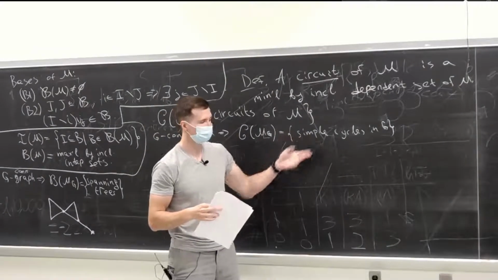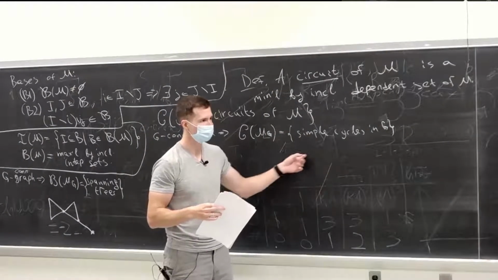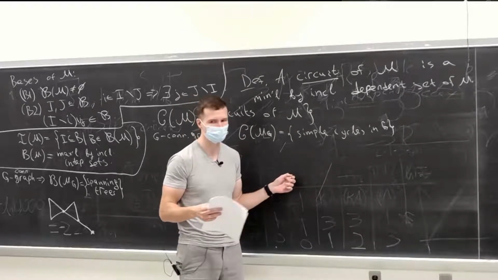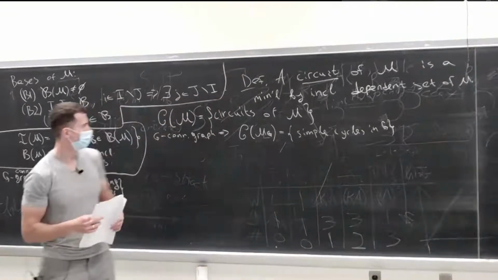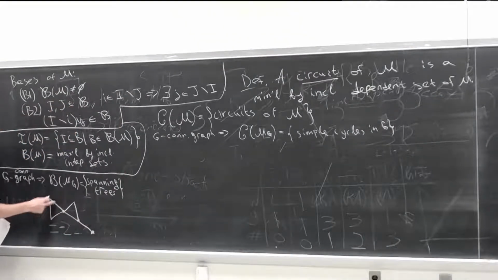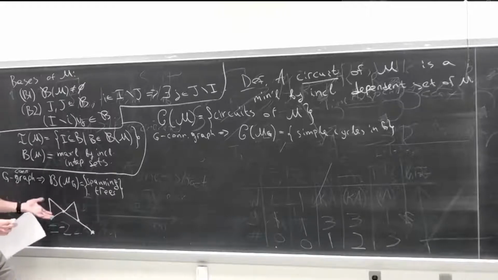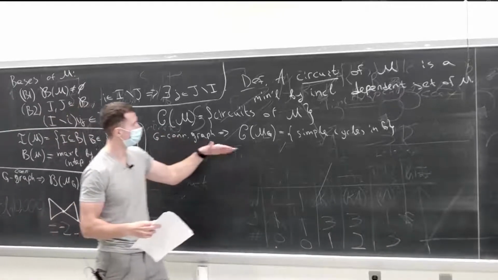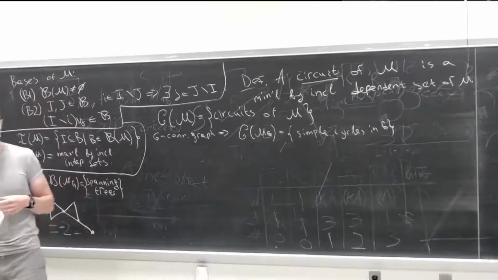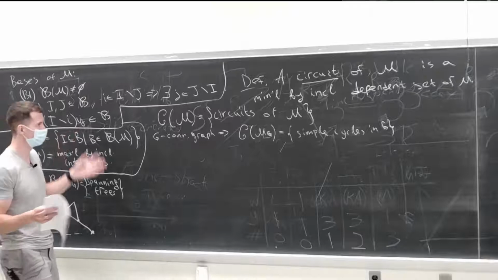It just means a path which doesn't intersect itself except that the start point is equal to the end point. And because these three edges, the corresponding three vectors, sum up to 0, that's a linear dependence in your vector configuration. So the circuits of a matroid represent minimal linear dependencies of your vector configuration, or minimal affine dependencies of your point configuration.